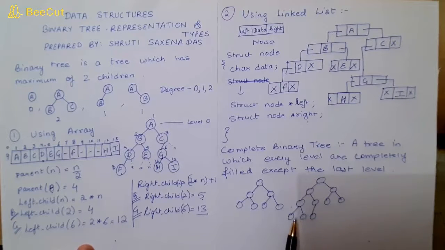So in case in the last level you are not having all the leaves, then it is fine, it is a complete binary tree. But before that, all the levels should have complete nodes. Okay, so complete binary tree will be something in which only the last level is not complete, above that everything is complete.